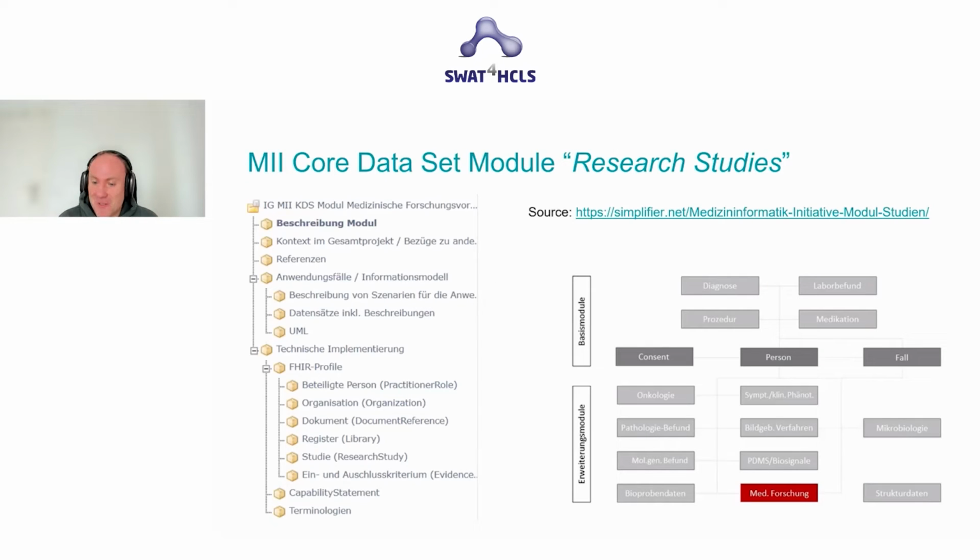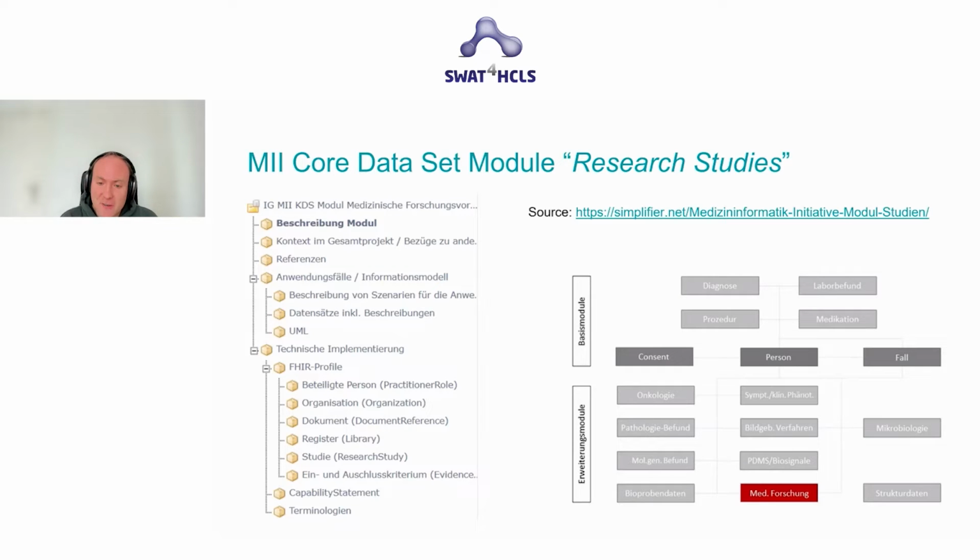We were given the task to build that core data set, and one representation of that core data set is in FHIR. Because it's a huge task, multiple smaller teams were built to create separate parts of that core data set.